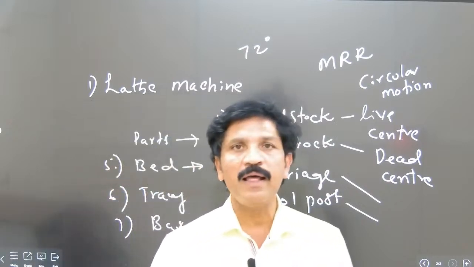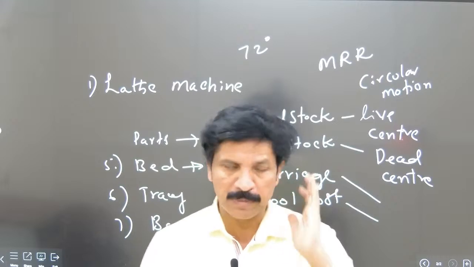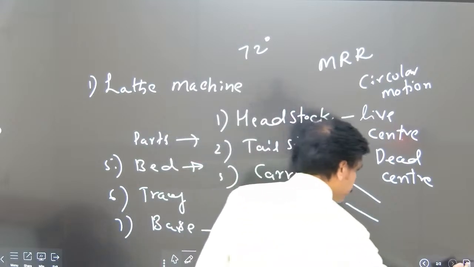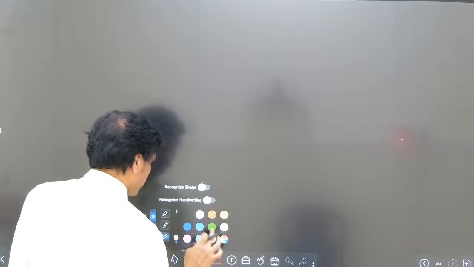Now see the one line diagram of the lathe machine. See here, this is the line diagram of the lathe machine.